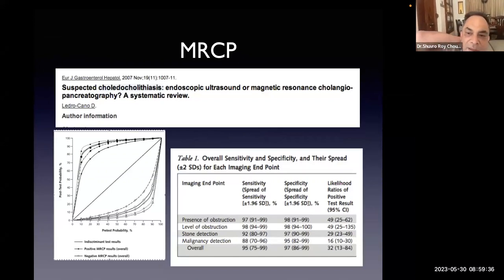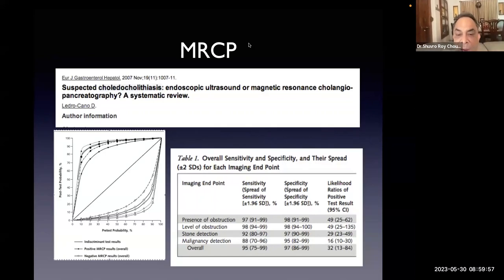So, endoscopic ultrasound versus magnetic resonance cholangiography, a systematic review. Look at each of these: presence of obstruction, level of obstruction, stone detection, malignancy detection, and overall.